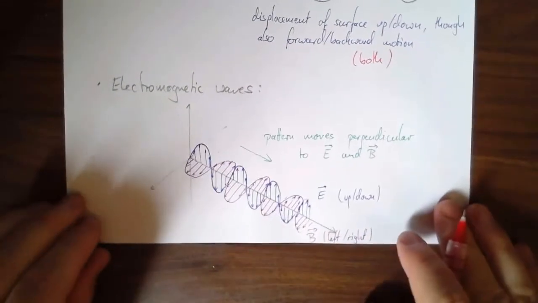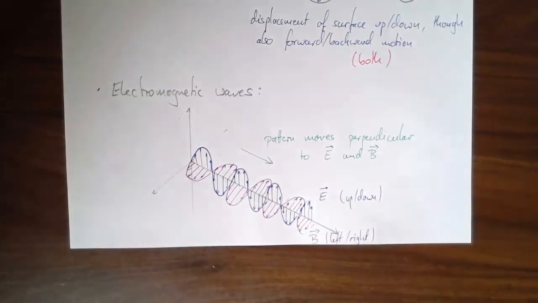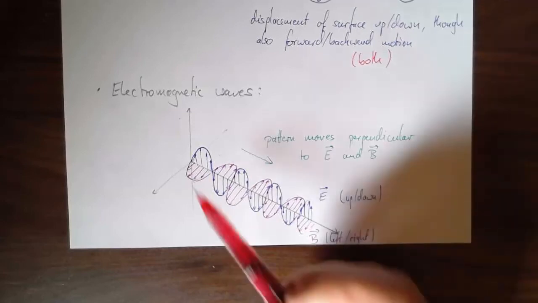And final example, electromagnetic waves. So here's what they look like, right? And how do they exist? Well, essentially you take Maxwell's equations, the equations that describe all of electromagnetism for practical purposes. You take those equations and you can show that one solution that they allow is this oscillating electric and magnetic field.